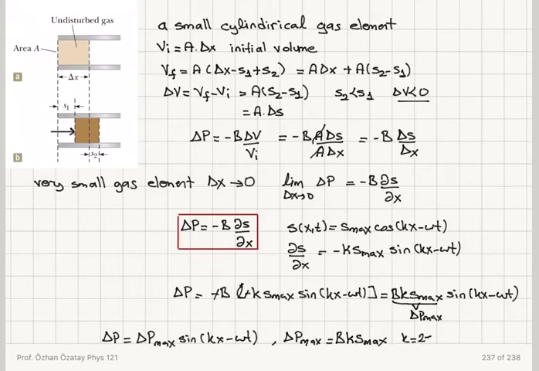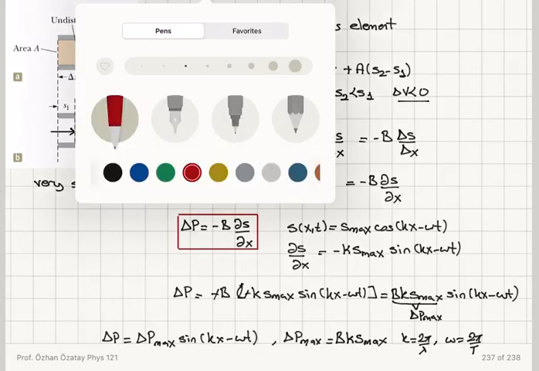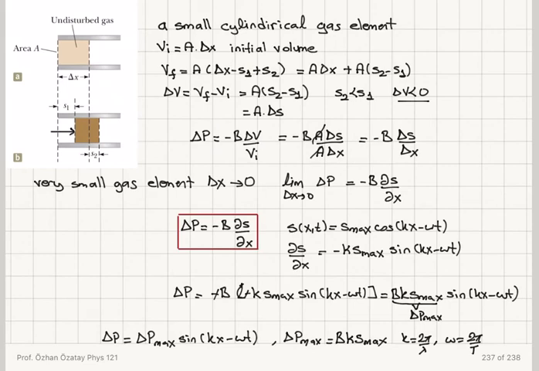So remember, this k is 2 pi over lambda, it's the wave number, and omega, the angular frequency, is 2 pi divided by the period. So this basically shows that they are out of phase by 90 degrees. One is a cosine, the other one is a sine, and they are related. The amplitudes of the two descriptions are related by: the maximum change in pressure is the bulk modulus of the gas times the wave number times the displacement amplitude.